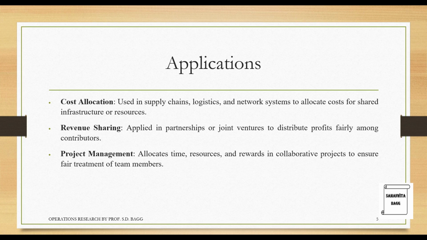Allocates time, resources, and rewards in collaborative projects to ensure fair treatment to team members. So wherever you want a fair share and you want to divide whatever amount has been invested or the profits, everything has to be in a proper equal share in a joint venture or in some partnership forms. You are going to look for equal game theory and not for the other models.